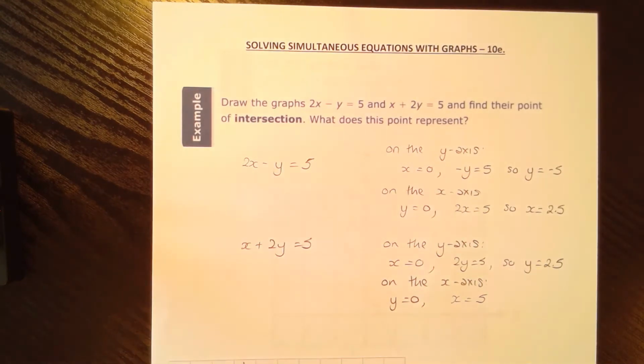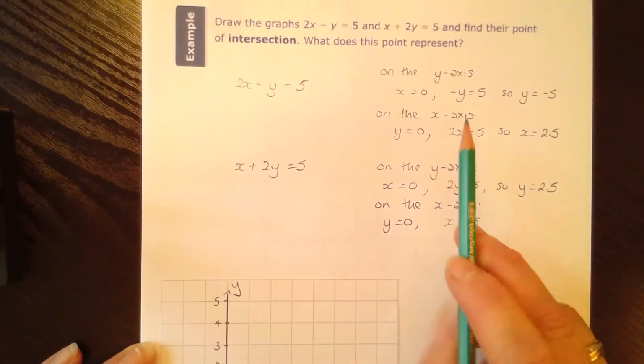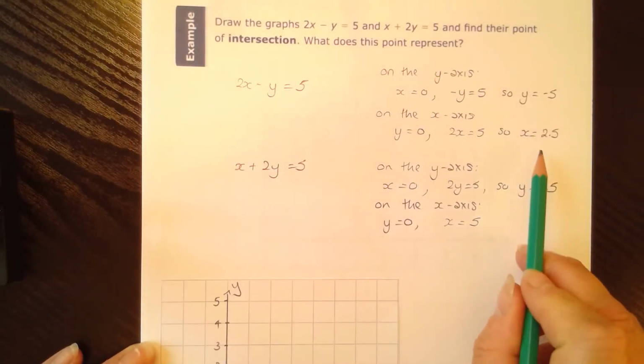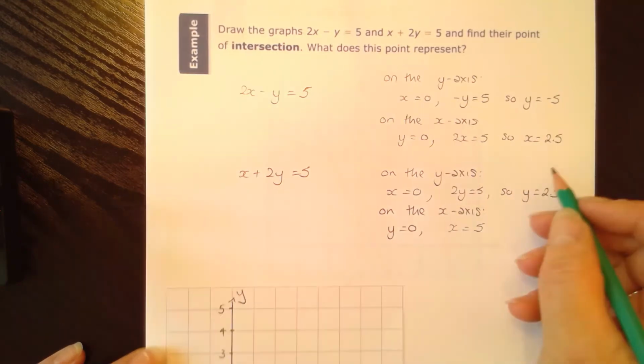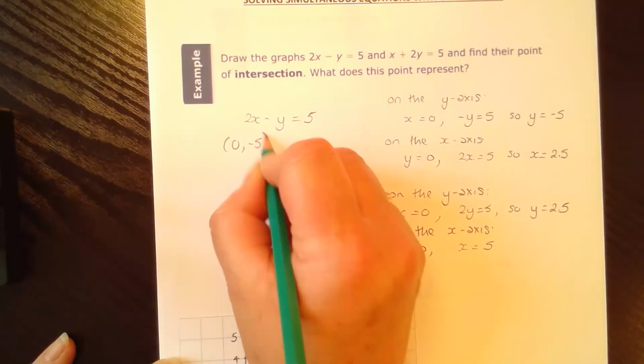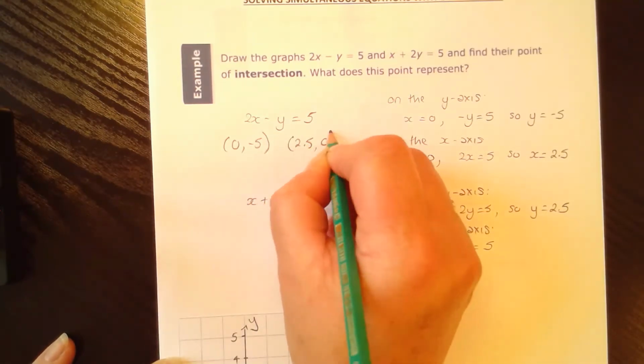I've now got some idea of how big my axes need to be. So I need to plot 0, negative 5 and 2.5, 0. Let's write them down as coordinates: 0, negative 5, and 2.5, 0.